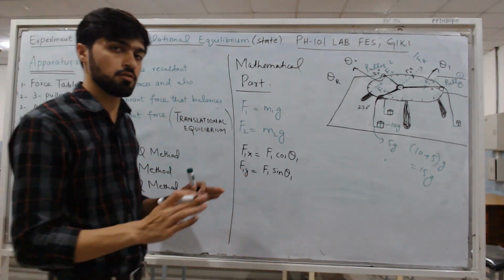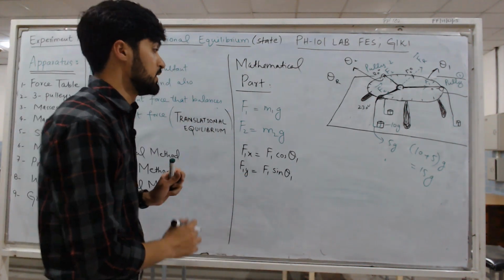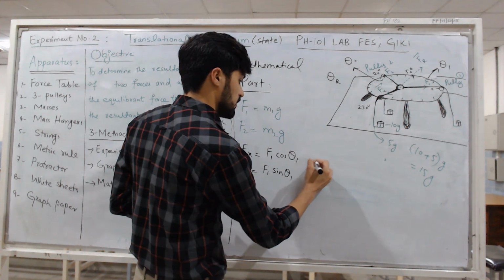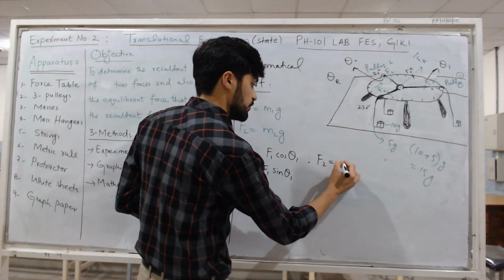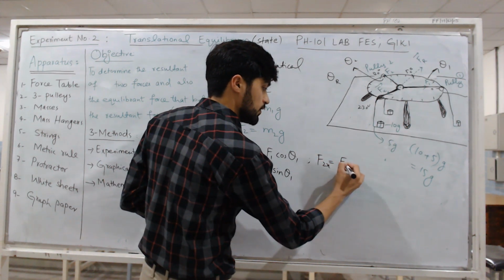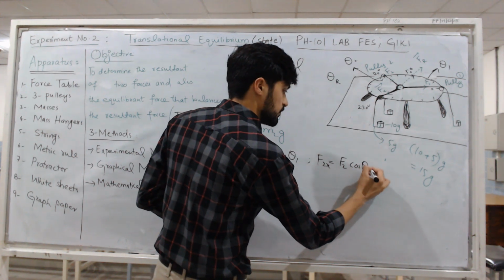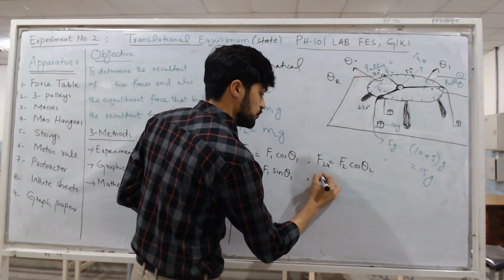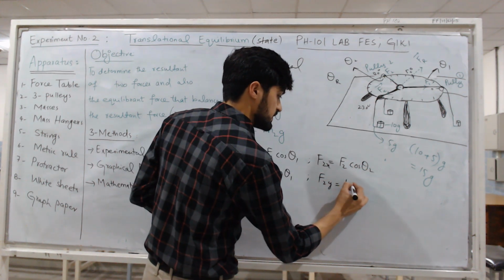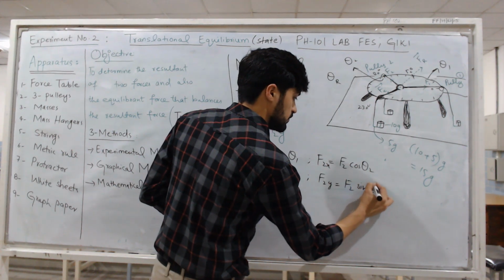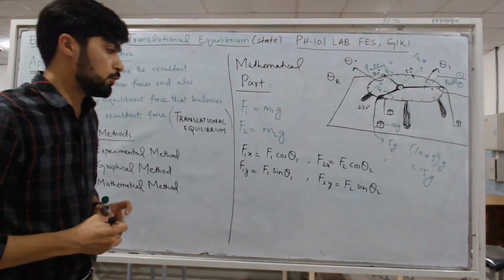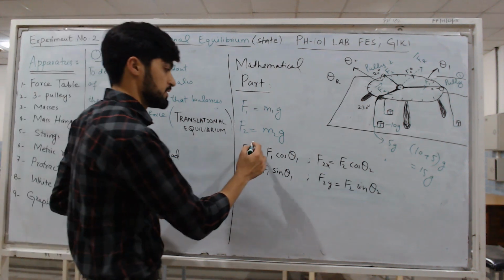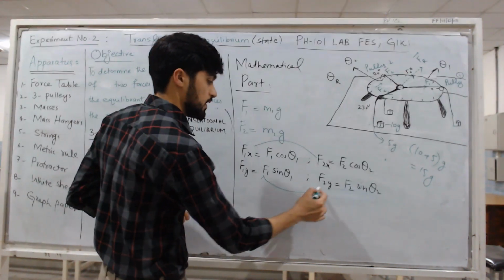We have to find the components for the mathematical method. Now for F2, similarly, F2x is equal to F2 cos of theta 2, and F2y is equal to F2 sine of theta 2. Now we will add the corresponding components, the x components and the y components.